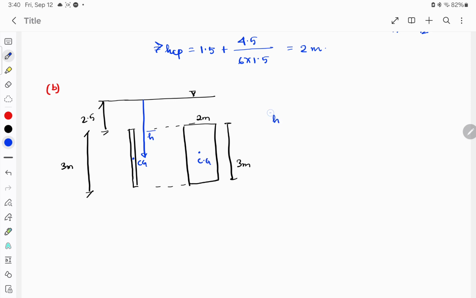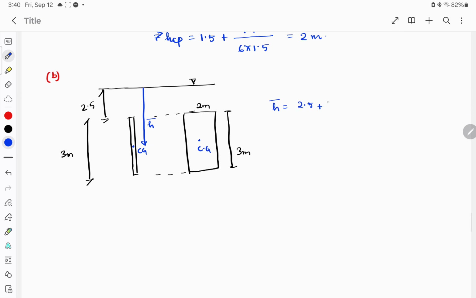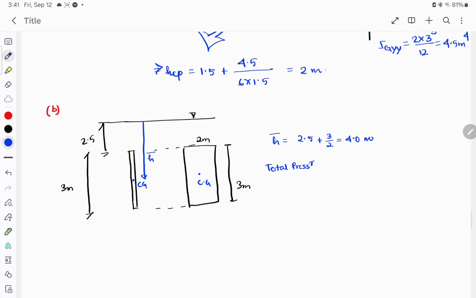So h bar will be 2.5 plus half of 3, which gives you 4 meters. Now we can directly calculate the total pressure, that is the total force on the plane.